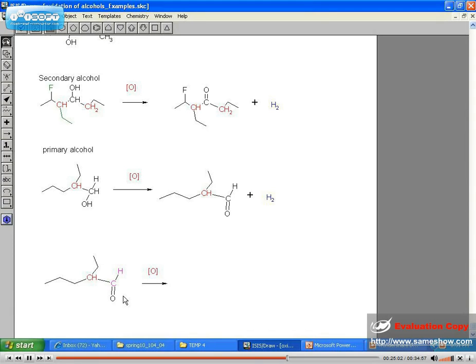So in this case right here, this carbon and hydrogen is present, and when I oxidize it, I'm going to stick one oxygen between this carbon and hydrogen.